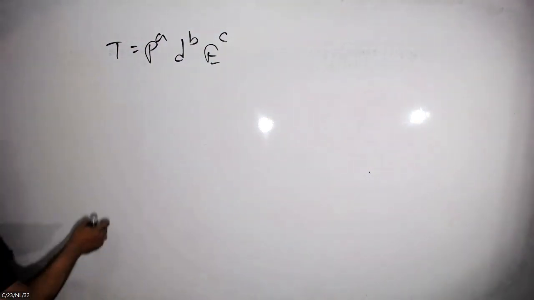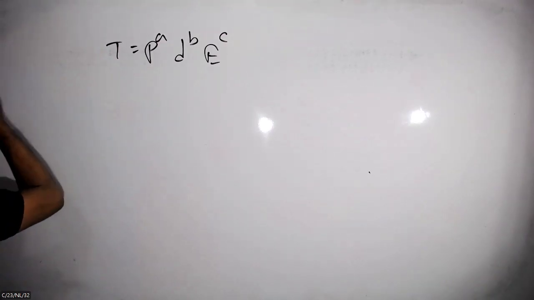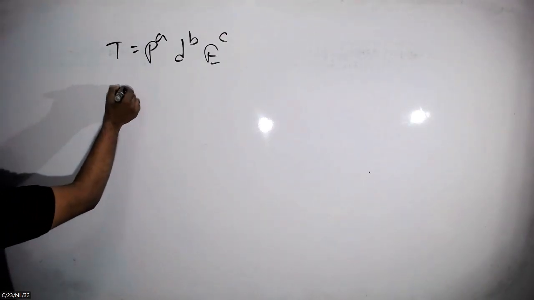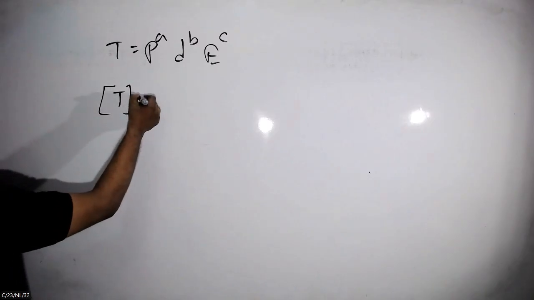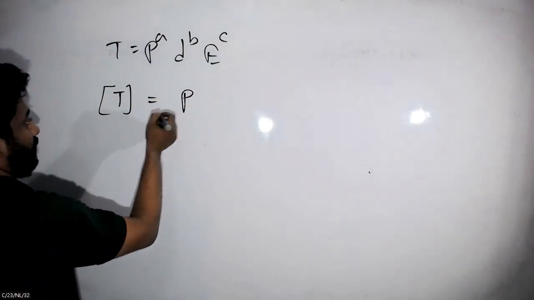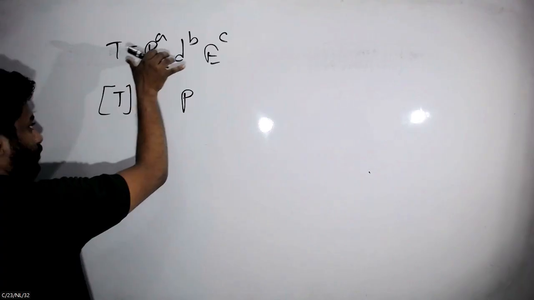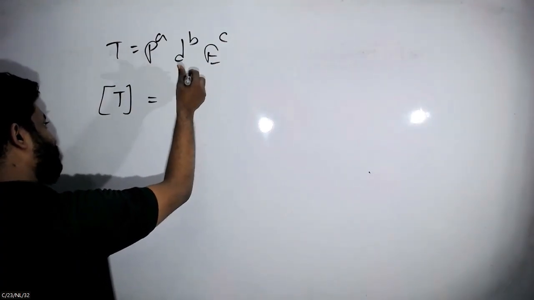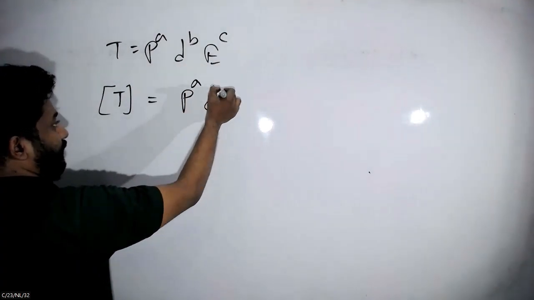If this equation is dimensionally correct, you can equate the dimensions of the equation at the two sides. Dimensions of LHS should be equal to dimensions of RHS. Let the dimensions equal one.